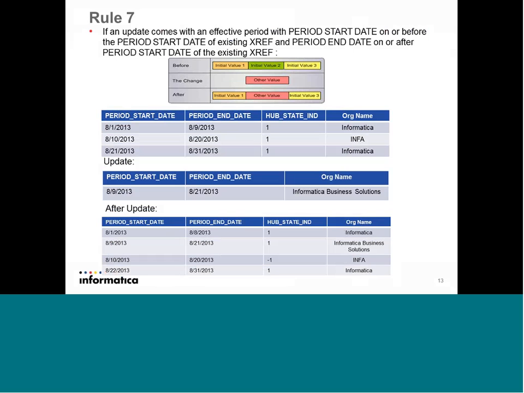The answer is yes. When you send an update that completely overlaps with an existing cross reference, we automatically soft delete that record, and it will create a new entry for the new update which came in. Hope that answered the question you have on rule number 7.